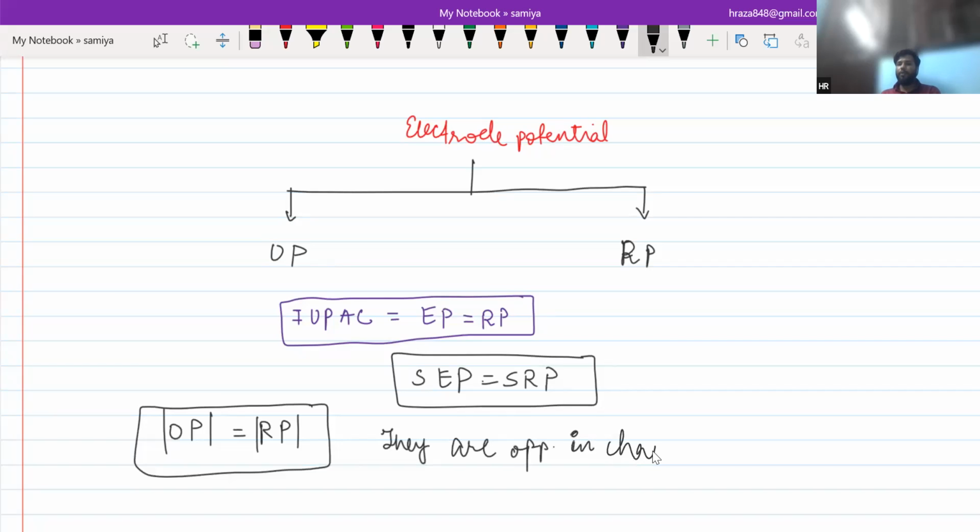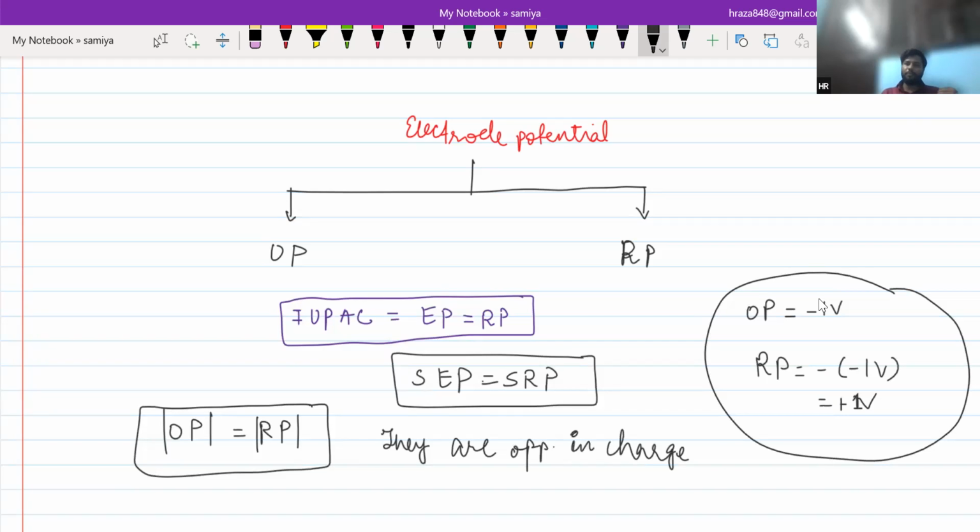That means if oxidation potential is +1, reduction potential will be -1.